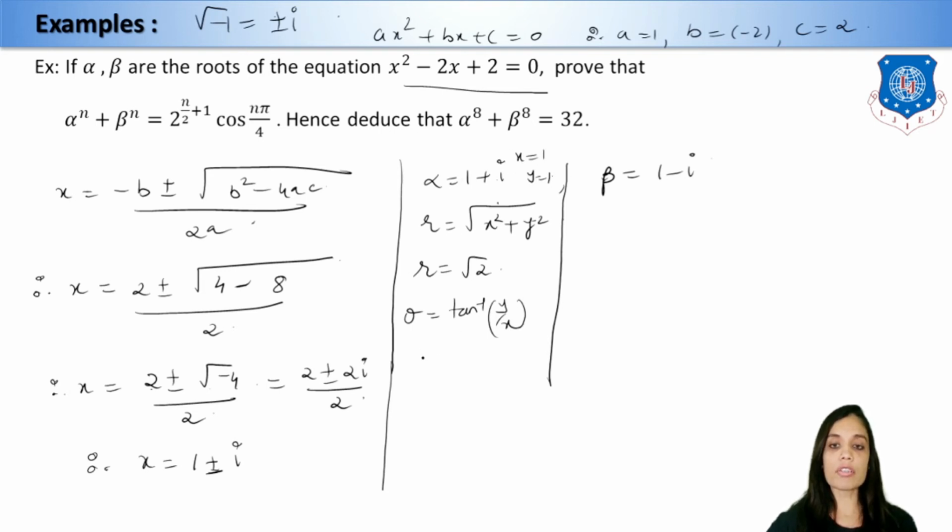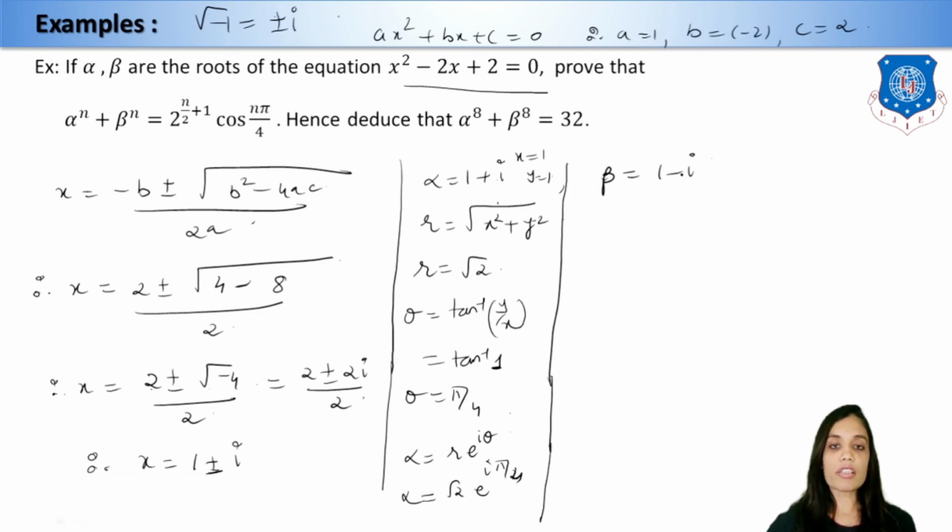So tan inverse what will come? 1, with theta is equal to pi by 4. Now, the final exponential form of alpha will be r e raised to i theta, where r is root 2 and theta is pi by 4. Right? So we have obtained alpha as root 2 e raised to i pi by 4.